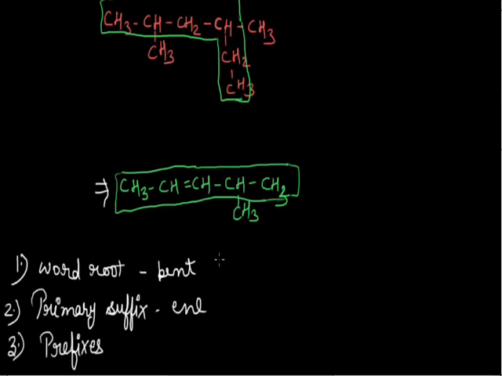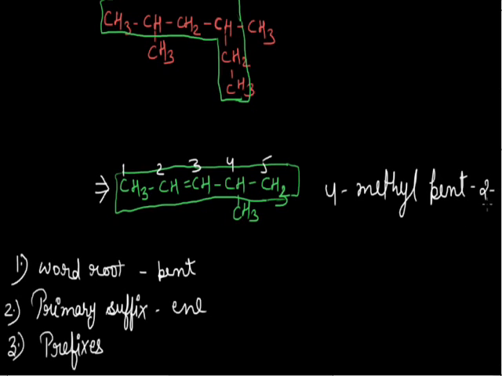So the IUPAC name of that compound is 4-methyl pent-2-yne. For 5 carbons we use pent, 4-methyl pent, 2-yne.